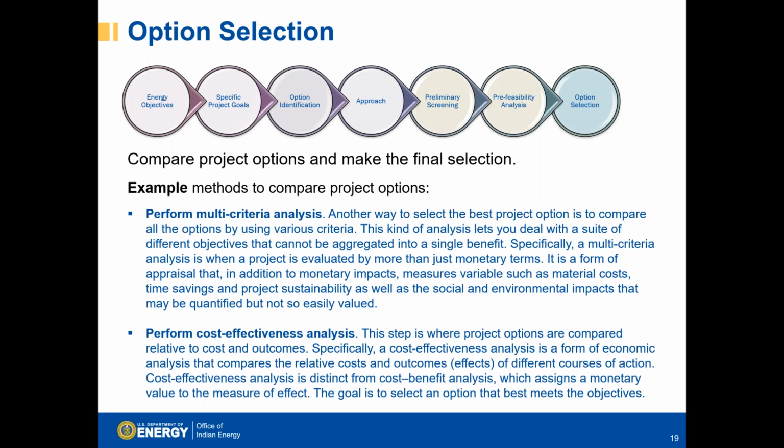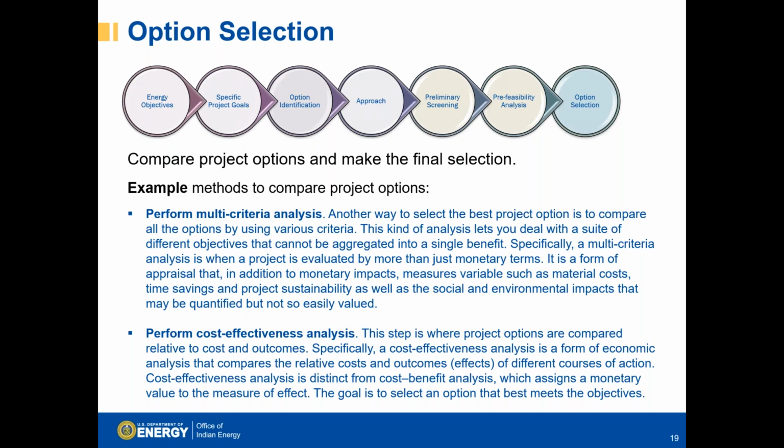Cost-effectiveness analysis is a step where the project options are compared relative to the cost and the outcomes. Specifically, a cost-effectiveness analysis is a form of economic analysis that compares the relative costs and outcomes or effects of different courses of action. Cost-effectiveness analysis is distinct from a cost-benefit analysis, which assigns a monetary value to measure that effect.